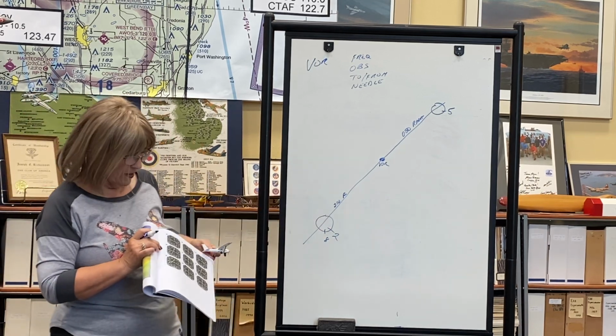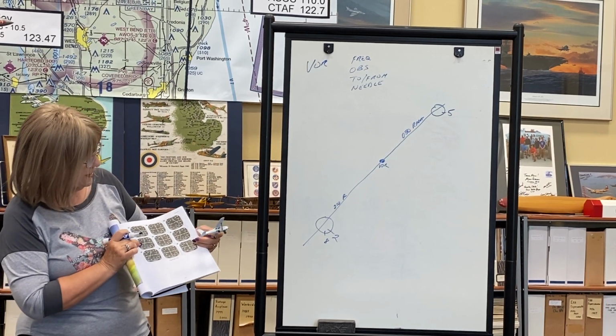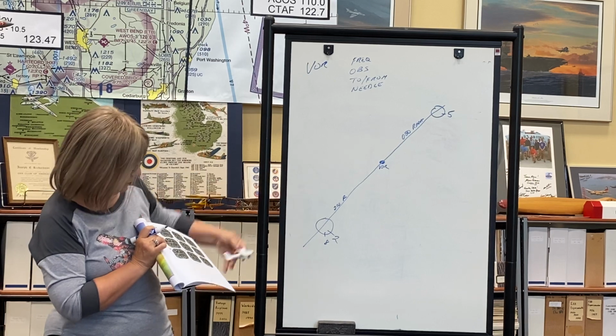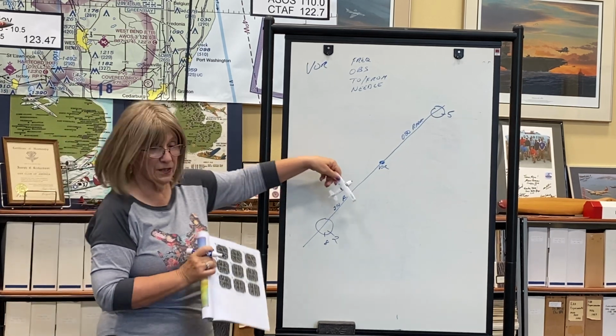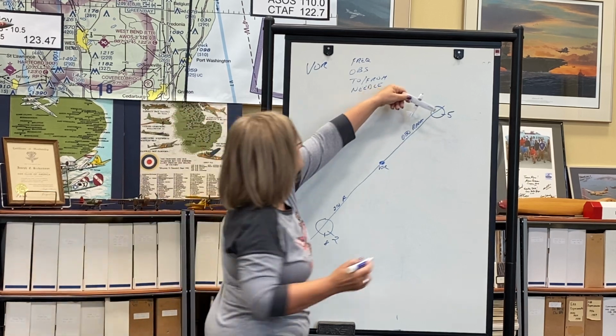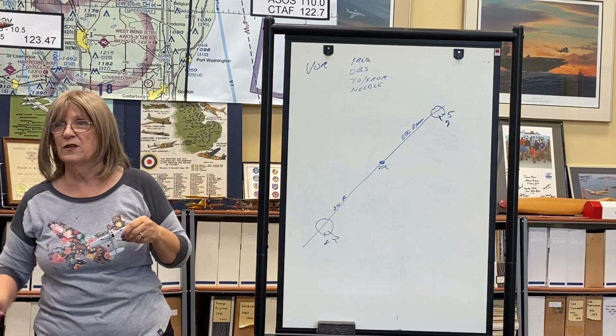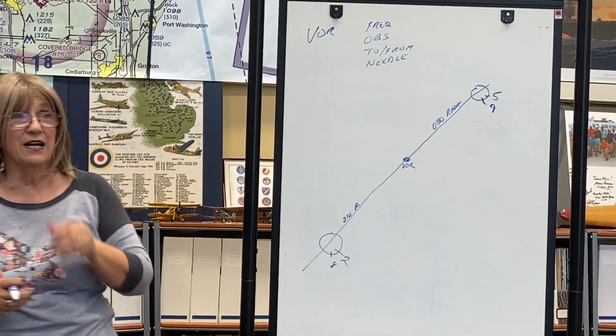Okay, so that one, and then the other one that has a centered needle is number 9, and it's on the heading of 030 with a from indication. So if I'm on a 030 with a from indication, I would be up here. Okay, so where's my math wizard? Anybody see anything odd yet?